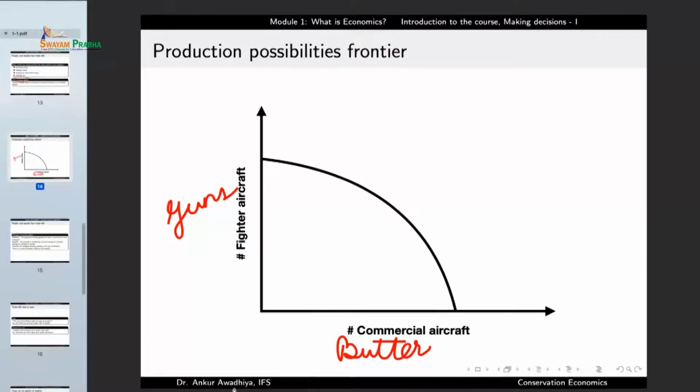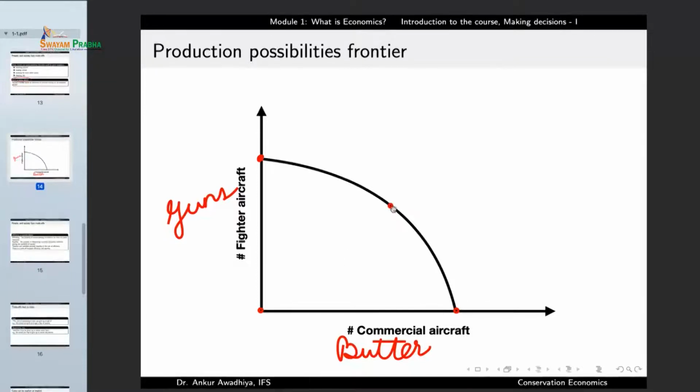Now, if the factory is being used to produce only the fighter aircraft, that is this point. So at this point, the number of commercial aircraft that we have is zero. On the other hand, if the factory is producing only commercial aircraft, then the number of fighter aircraft is zero. Or the society could decide at some other point.